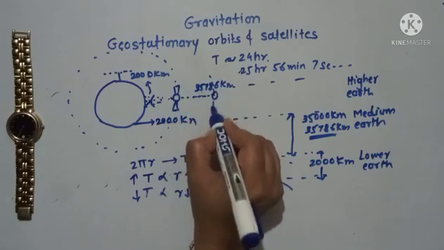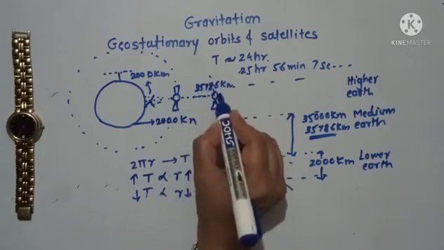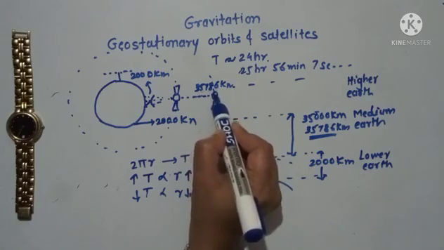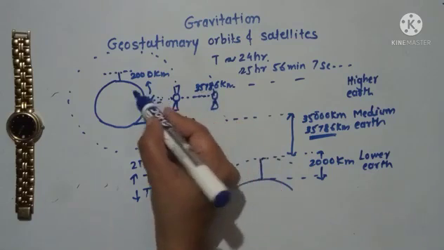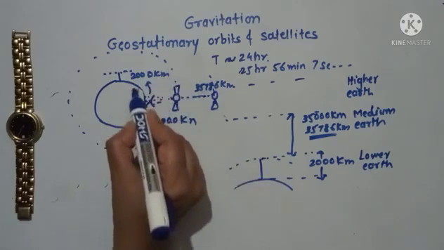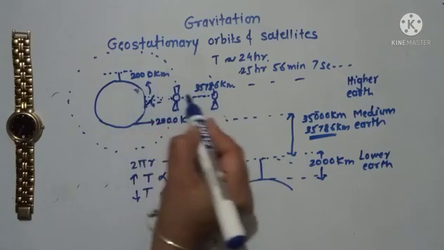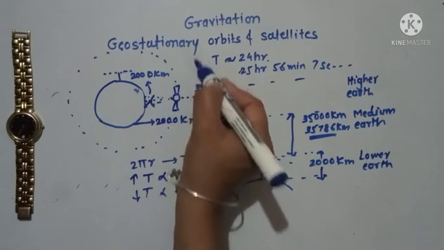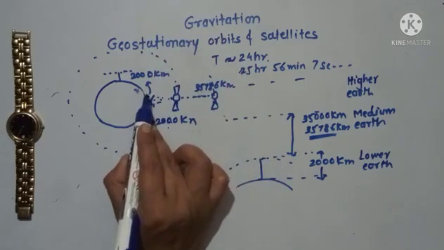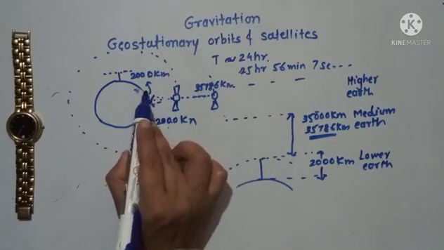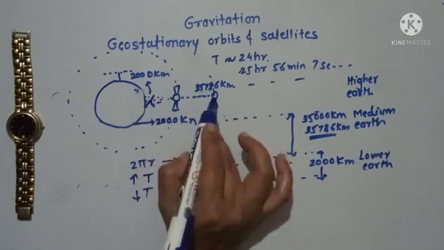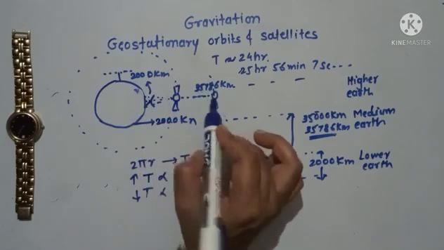When this satellite is at this height, the time period of its revolution will be exactly equal to the period of revolution of the earth. Therefore, whenever the earth surface or this receiver is moving, the satellite is also moving with the same time period. So if you are standing near this receiver, you can see that this geostationary satellite is always steady with respect to the earth surface. This is called a geostationary satellite.